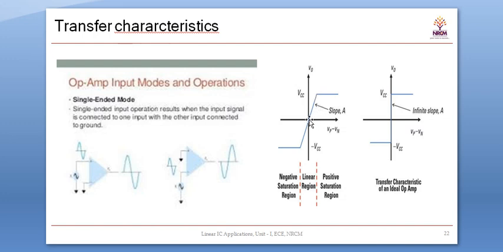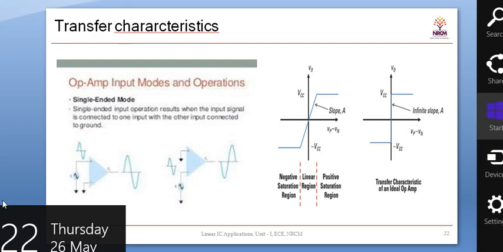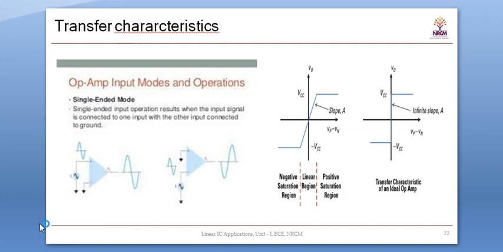So from 0 up to this value, it will increase linearly. After VID is greater than this value, it is going to be saturated. Similar is the case in the negative part, where the limit is of the same magnitude with a negative sign.